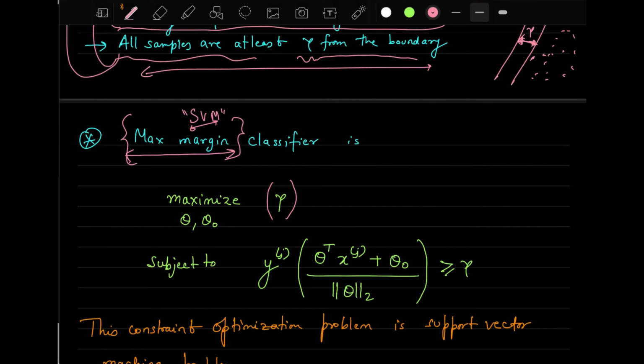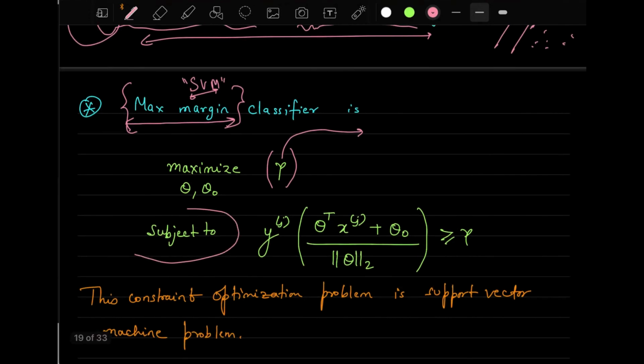You know this gamma we have already calculated using the unsigned distance. So we want to maximize this gamma, which is the first aim from where we started out, subject to, please note, a condition. This subject-to is a condition that we are imposing while doing this maximization strategy. And what is that condition?